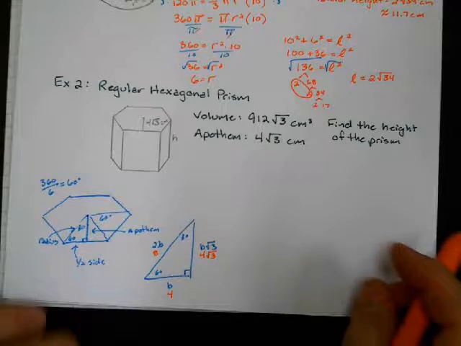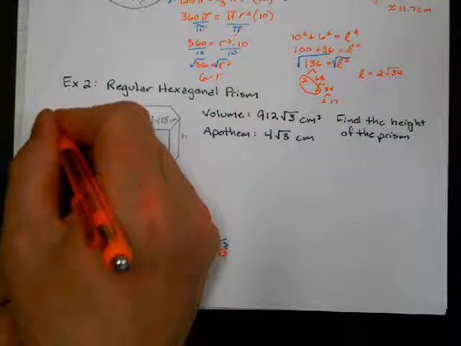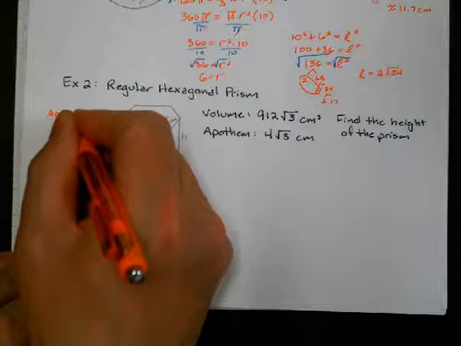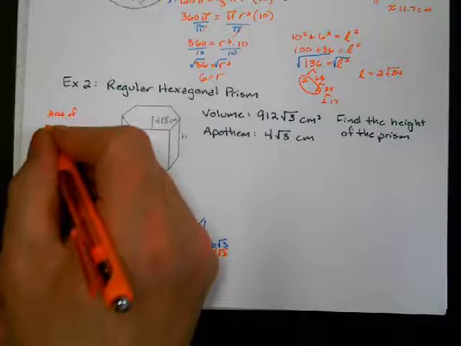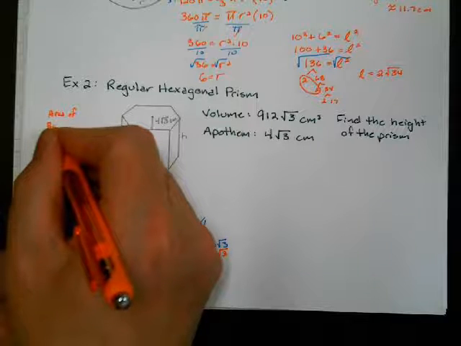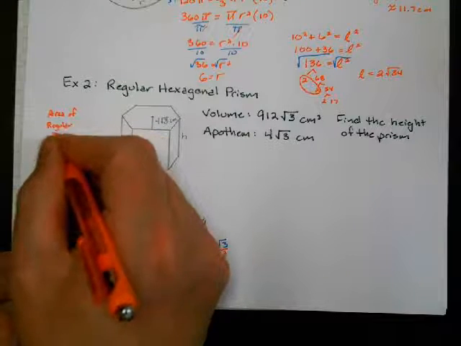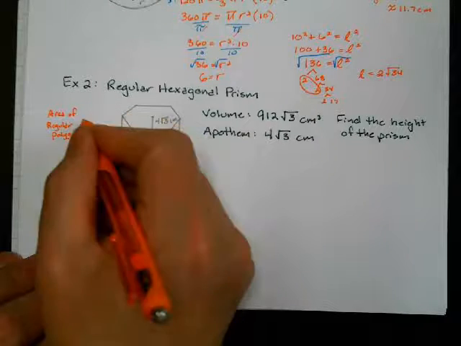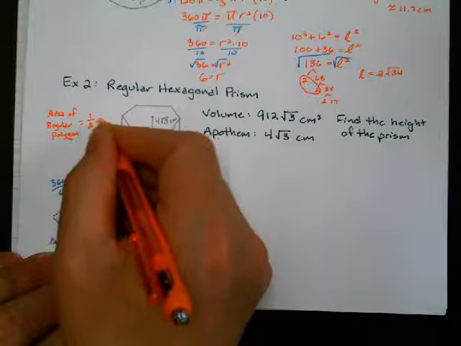Now, we also said that the area of a regular polygon was equal to 1/2 the apothem times the perimeter.